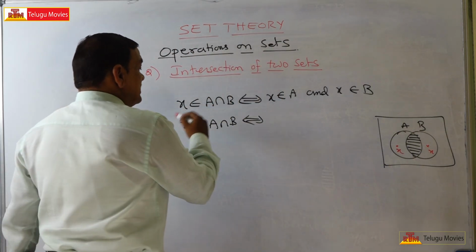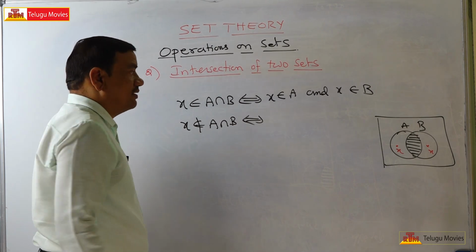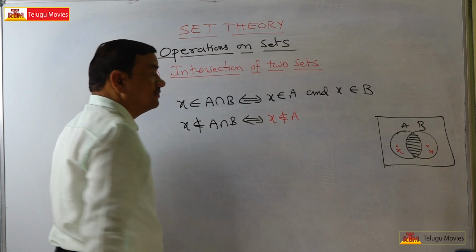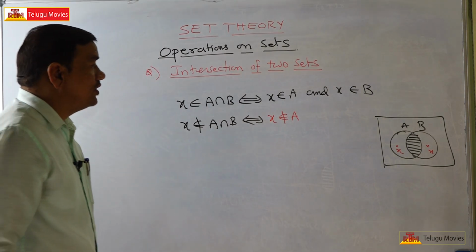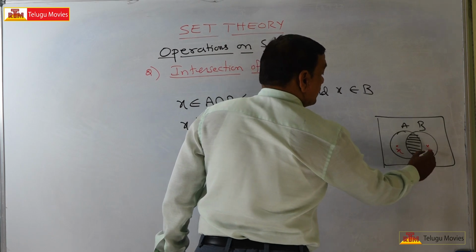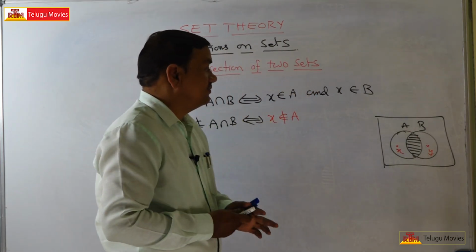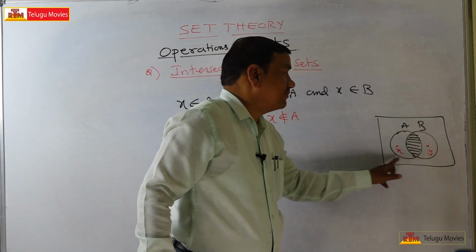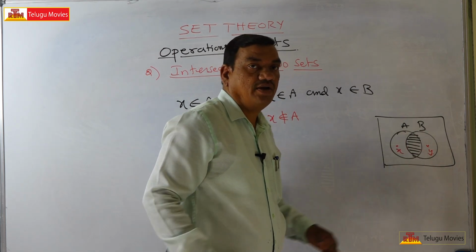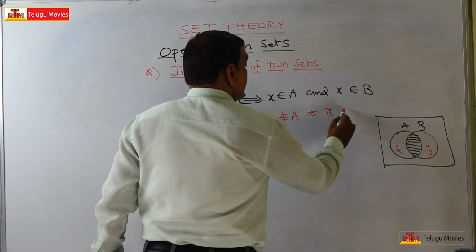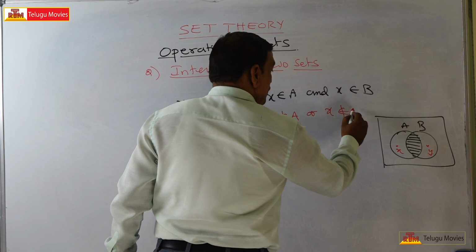That means x does not belong to A intersection B means x does not belong to A, call it the element y. y does not belong to A, or x does not belong to B.